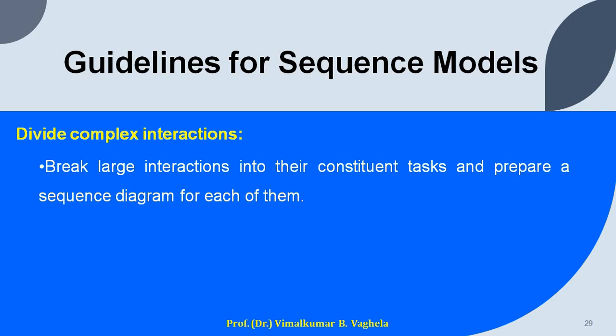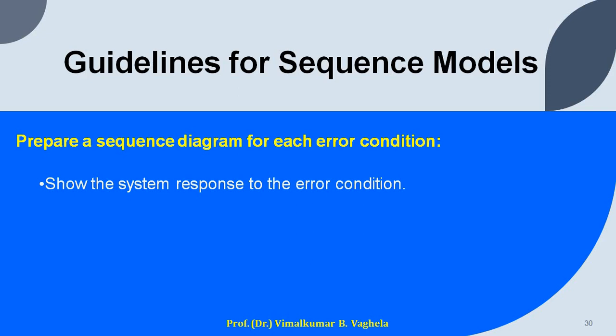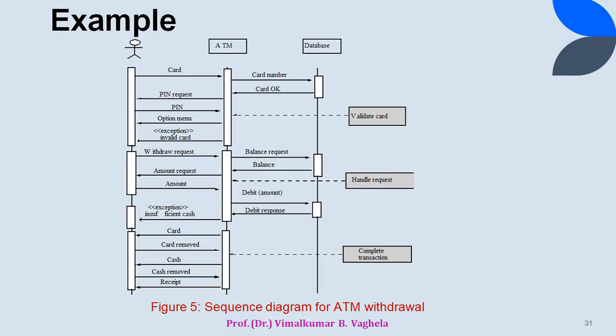Whatever complex interactions there are for a given system, you can break the large interaction into its constituent tasks and prepare a sequence diagram for each of them. Then prepare a sequence diagram for each error condition, as we have already seen in figure 4. It will show how the system responds to the error condition. Sometimes we call it an exception.